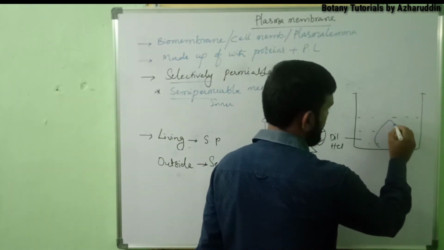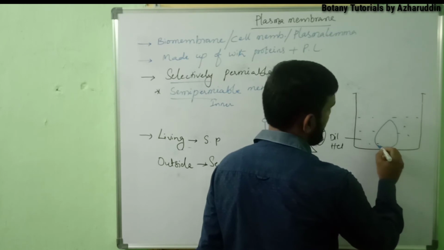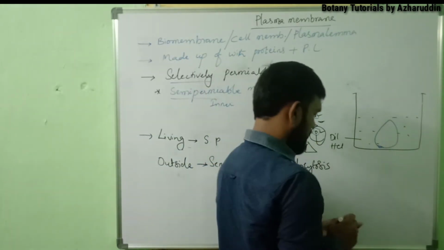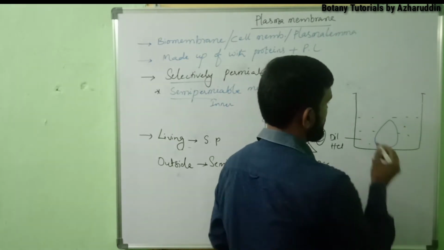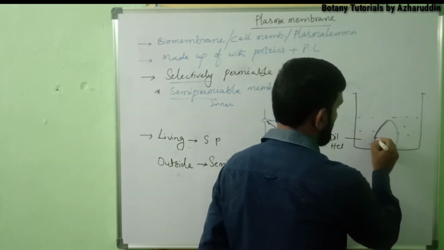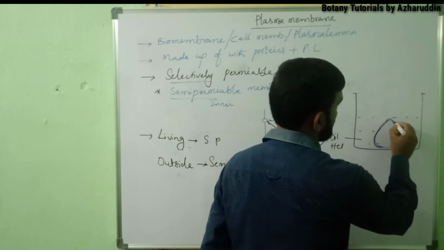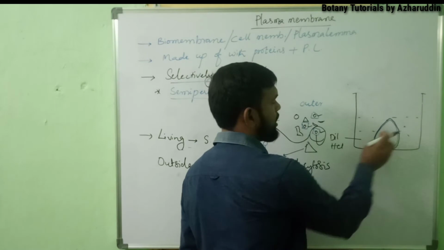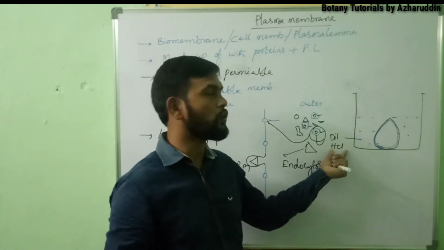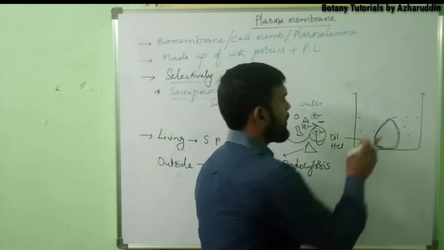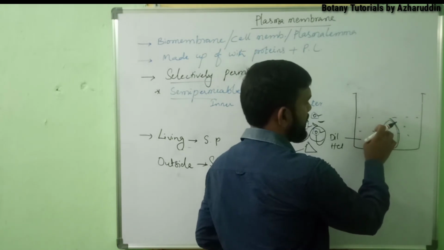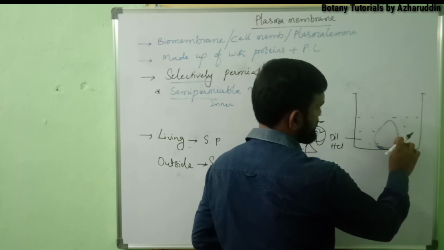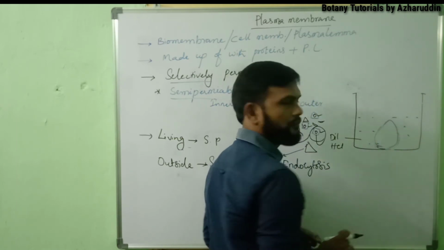This egg has a shell which is made up of calcium carbonate. After some period of time, this calcium carbonate reacts with hydrochloric acid and only the plasma membrane is left. The plasma membrane, which is inside the shell, is released.